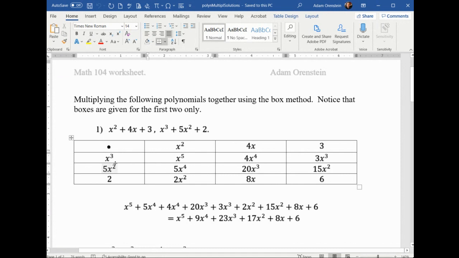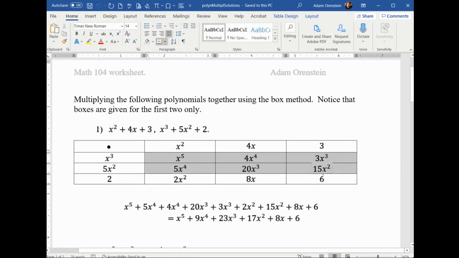Okay. 5x squared times x squared gives you 5x to the 4. 5x squared times 4x gives you 20x cubed. 5x squared times 3 gives you 15x squared. Keep on going. 2 times x squared is 2x squared. 2 times 4x is 8x. If I go too fast, just let me know. I won't get upset. 2 times 3 is 6.